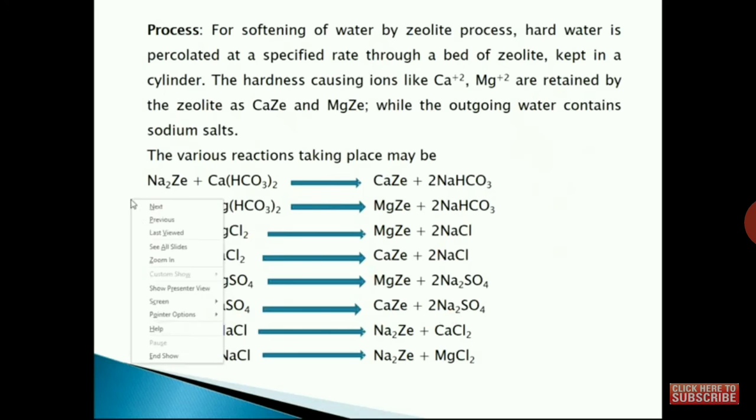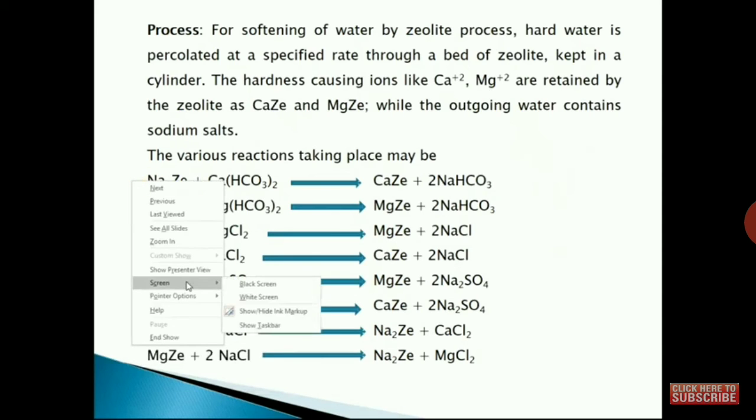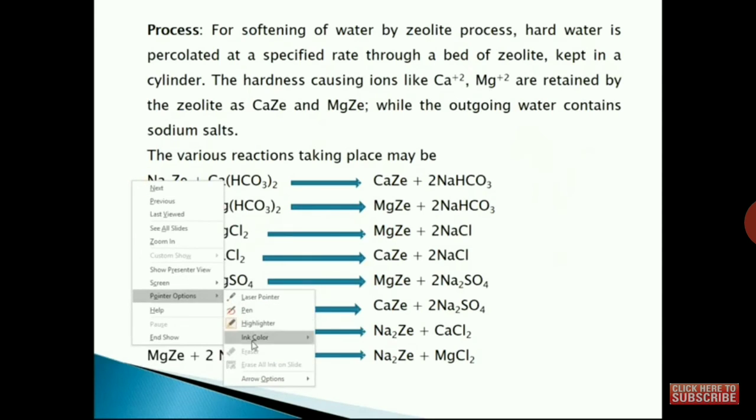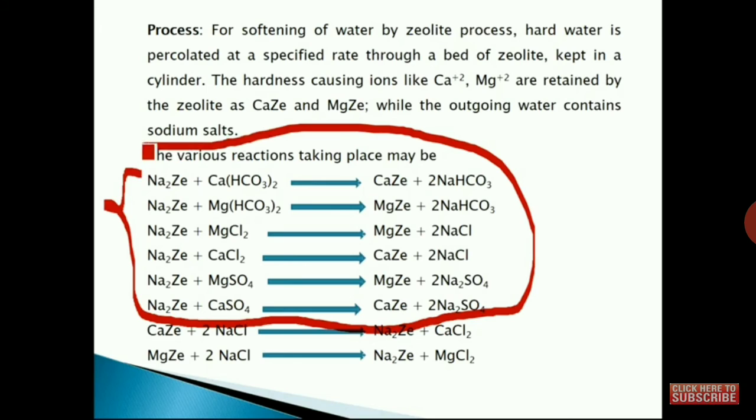Okay, so I can highlight, changing the pointer color to red. From here to here, these processes are the water softening method. And the remaining two reactions are the regeneration. In the regeneration part, these two reactions would happen.